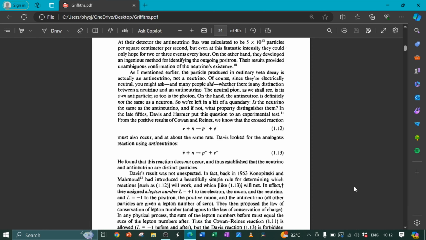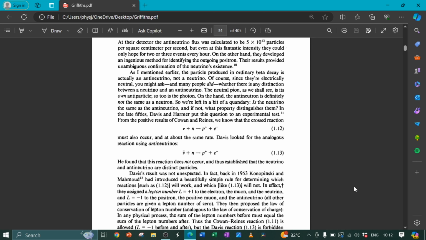From the positive results of Cohen and Reines, we know that the crossed reaction, neutrino plus neutron goes to proton plus electron, must also occur and at about the same rate. Davis looked for the analogous reaction using antineutrinos.